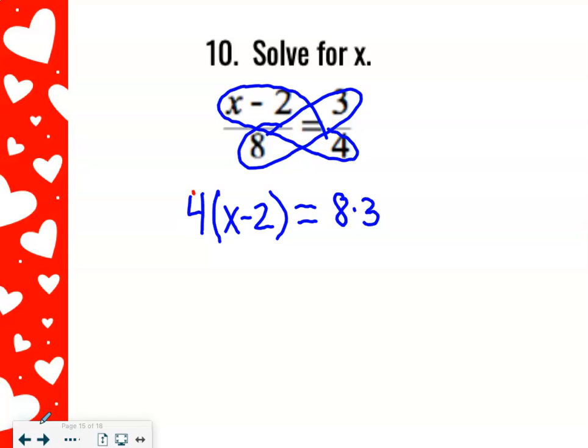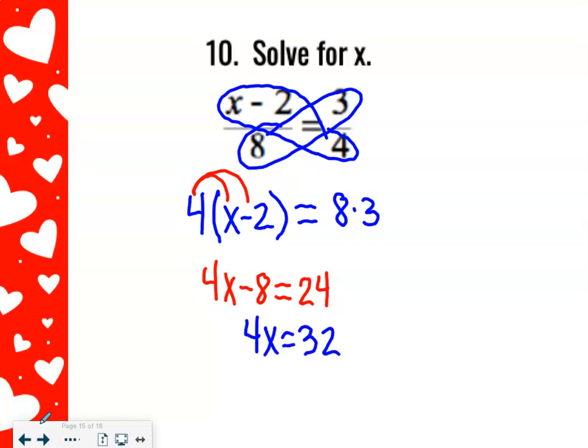Now from here, I'm going to have 4x minus 8 is equal to 8 times 3 is 24. Add 8 over. Divide by 4. So we have x is equal to 8.